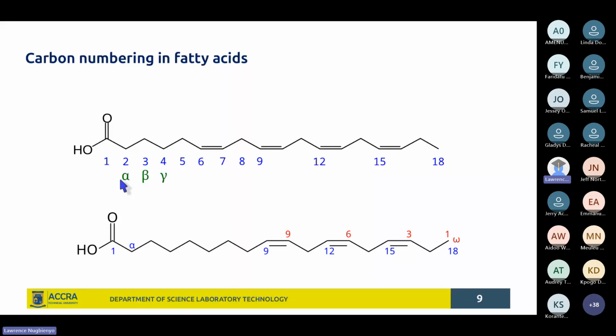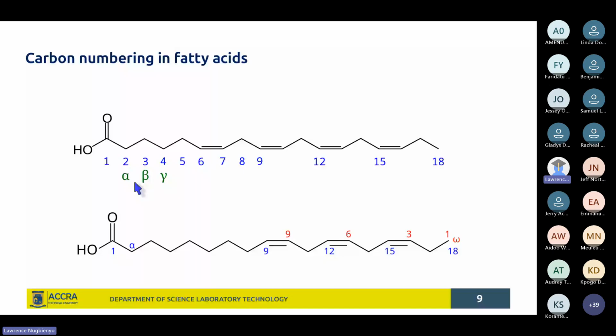You can have the alpha, beta, gamma, epsilon, etc. But of course, in lipid metabolism, the most relevant of these are the alpha and the beta. Usually, that's what is referred to, because in lipid metabolism, we do refer to alpha oxidation and beta oxidation.